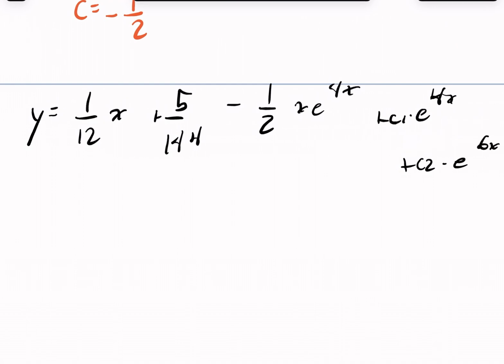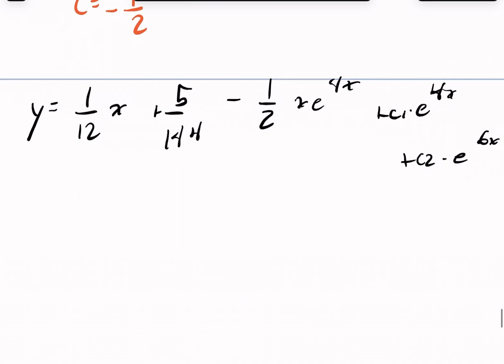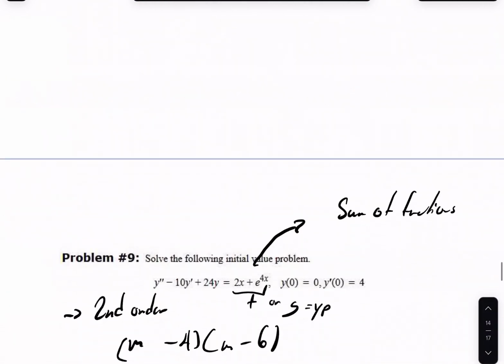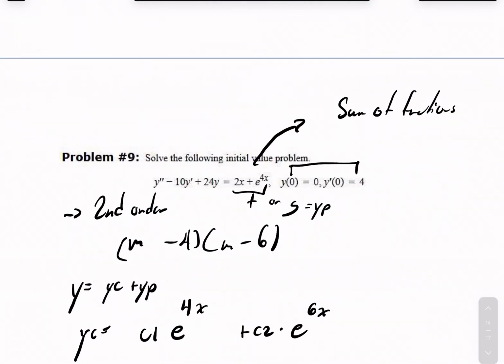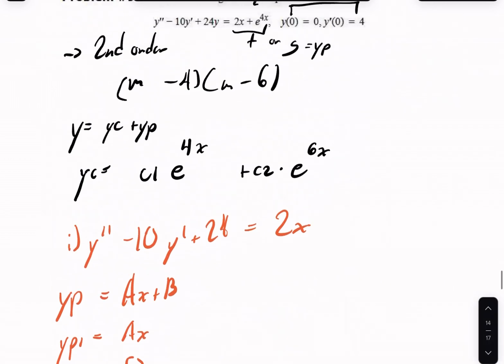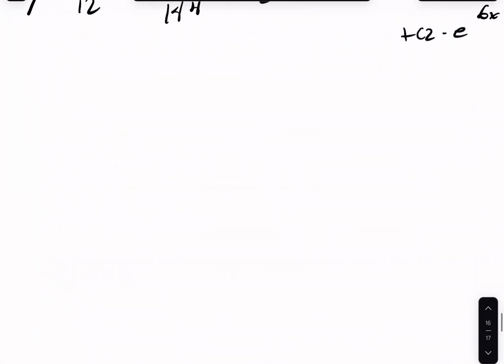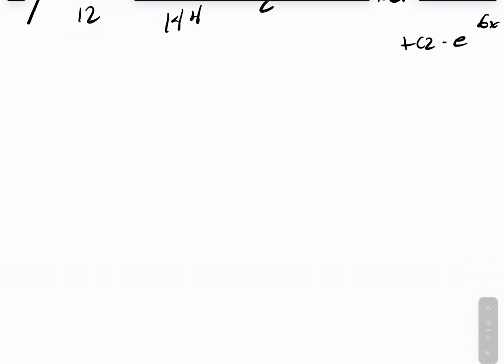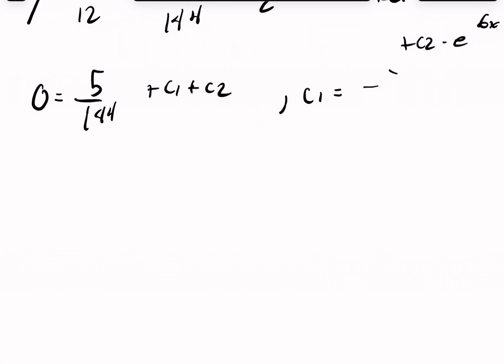Okay. And now, with our initial values that we have right here, we are going to solve for the c's, as always. Taking our first derivative, or sorry, not taking our first derivative, just plugging in the first value, we have y equals 0, 5 over 144 plus c1 plus c2, and c1 equals negative 5 over 144 minus c2.